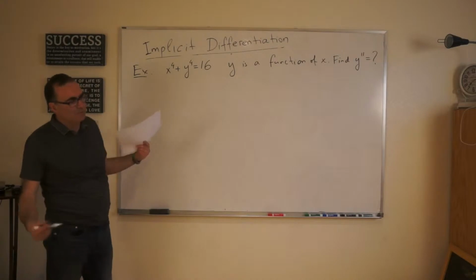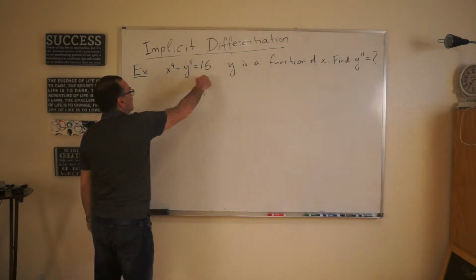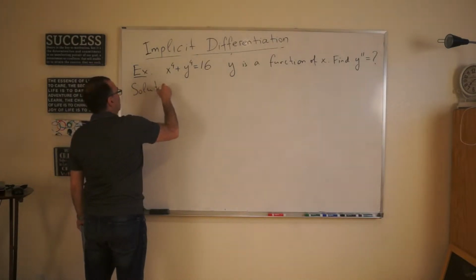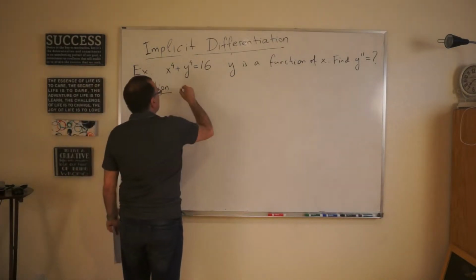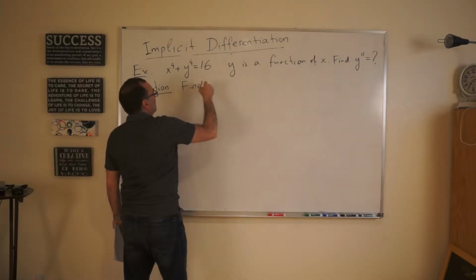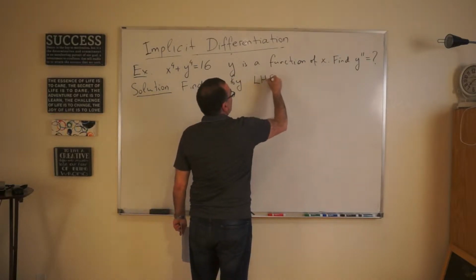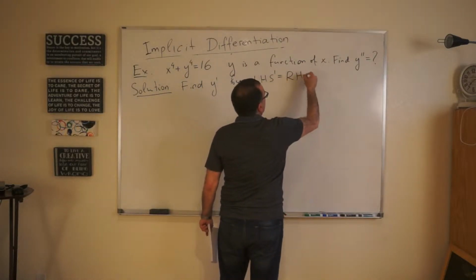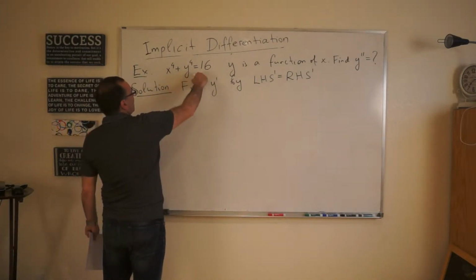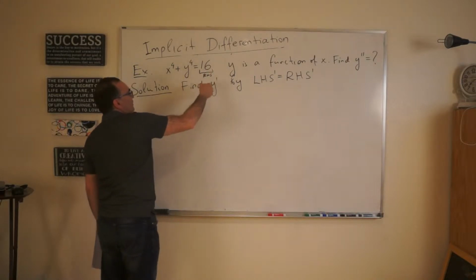Well, first we find the first order derivative, which is y prime, using the same method, left hand side derivative equals right hand side derivative. The right hand side is a number, therefore its derivative is 0.